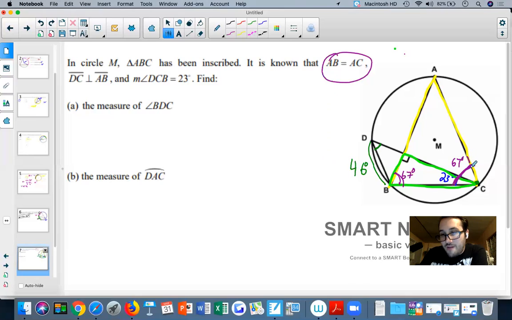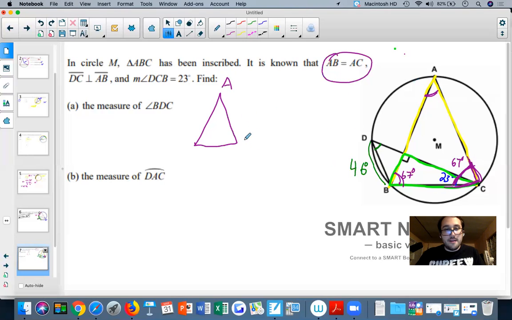And I'm going to be very obvious. I'm going to outline the angle in purple so we don't get confused, right? 67 goes with this purple angle, which means, couldn't we get this angle now? Triangle sum theorem. Let me redraw this picture. It's a little bit small, but let's see if I can do this.